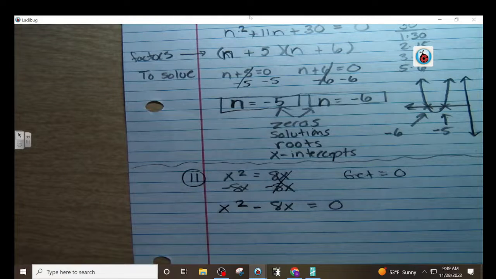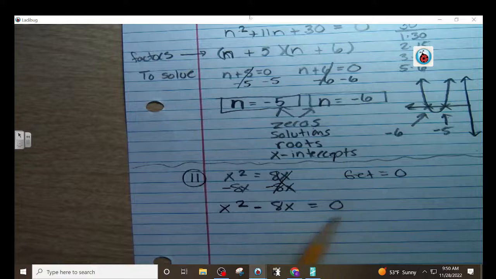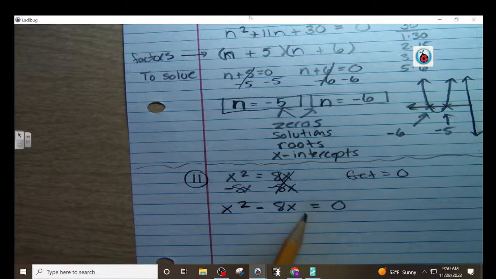Now, guys, if I don't have a C value, it doesn't mean it's not in standard form. It just means that the C value is missing, or the C value is 0. That means it's just 0.